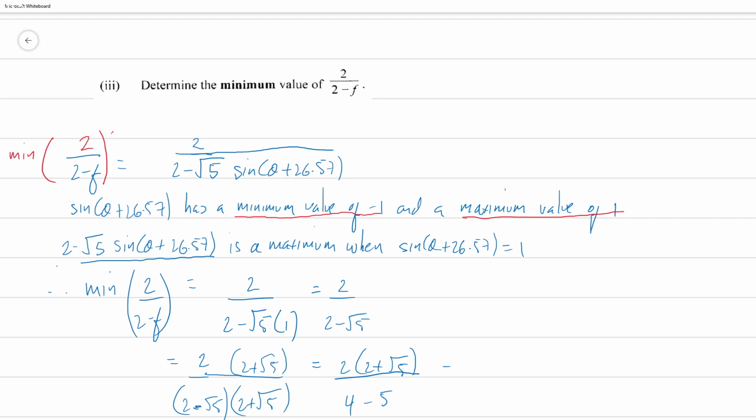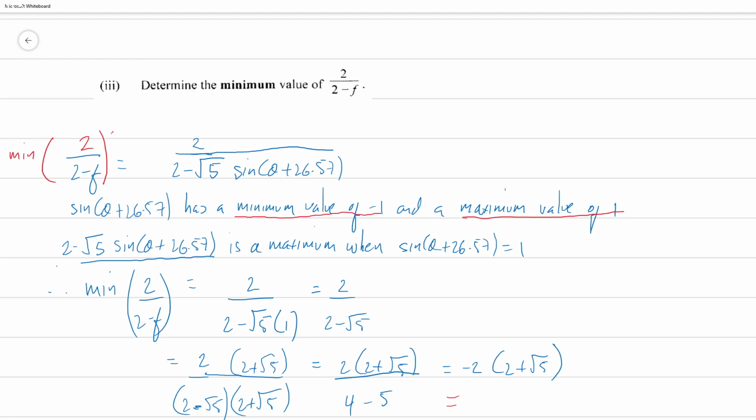So you're going to actually get a negative number, minus 2, times 2 plus root 5. And I would be happy to leave my answer in this form. Some of you might convert your answer to decimal, although that is not ideal.